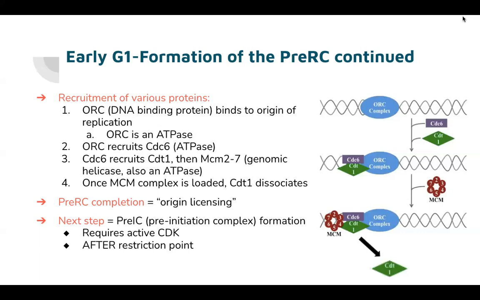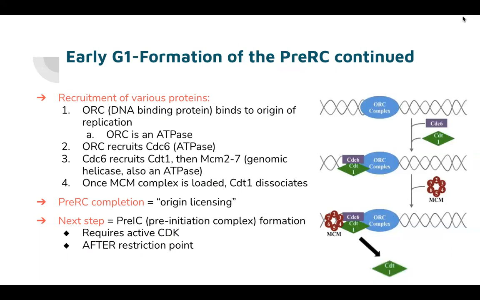So once this whole MCM complex is loaded, CDT1 will dissociate, and the completion of this process is called origin licensing. And so the origin of replication in that area is now set up for the rest of the process to continue. And the next step for this particular complex will be to become a pre-IC, and that will form after the restriction point, but that requires active CDK.